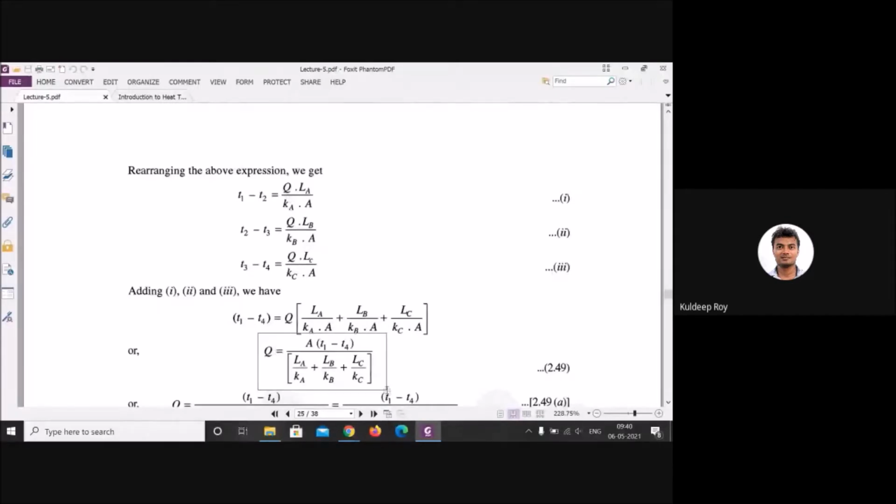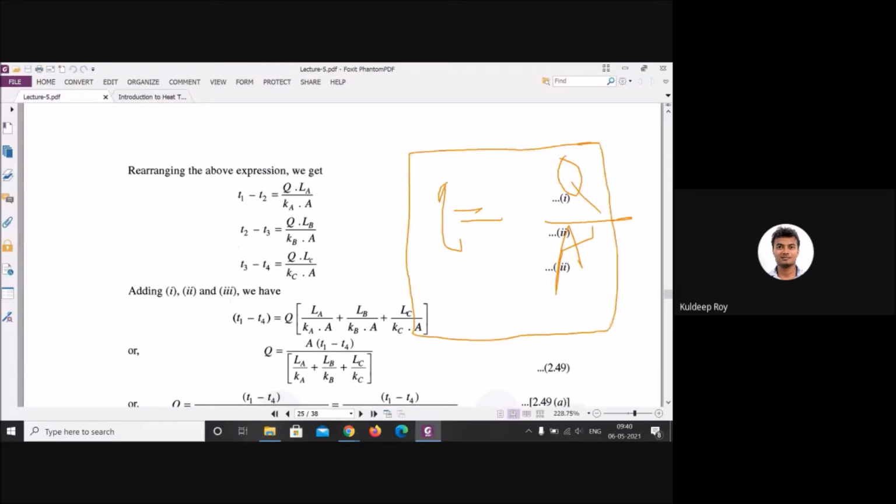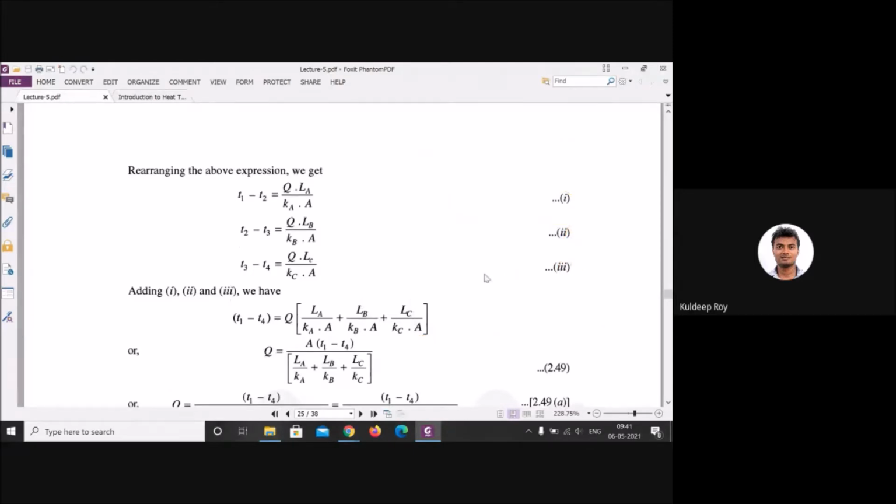And you already know, don't forget the difference between capital Q and small q. Small q equal to capital Q divided by area. Just keep this in your mind. We will use this formula for further derivation.